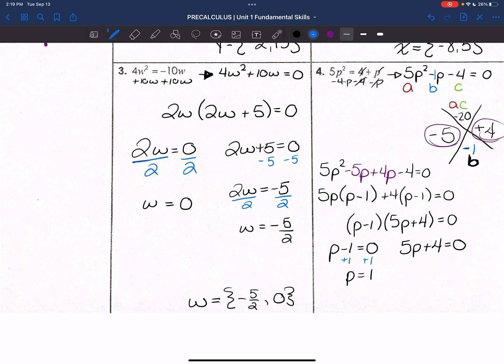And taking 2 steps here, we would have 5P equaling -4, and finishing it off by dividing, P equals -4 over 5. So our solution set for P is -4 over 5 and 1.